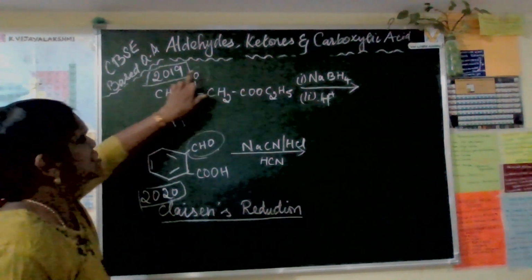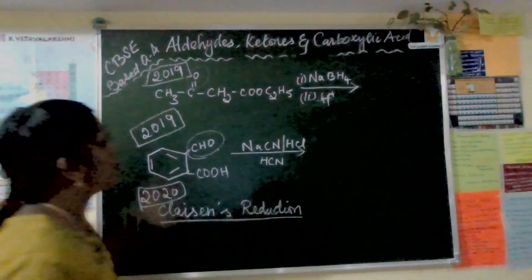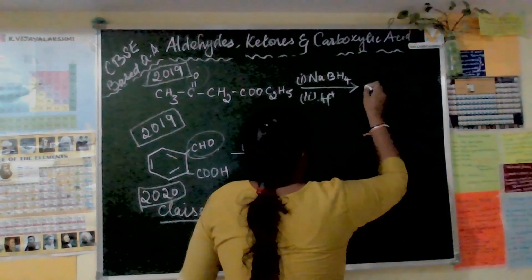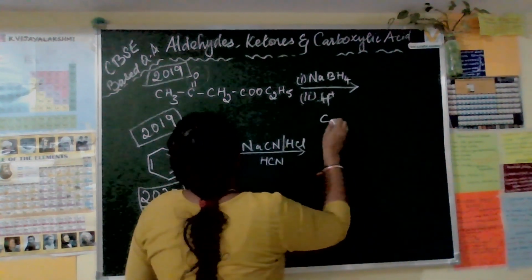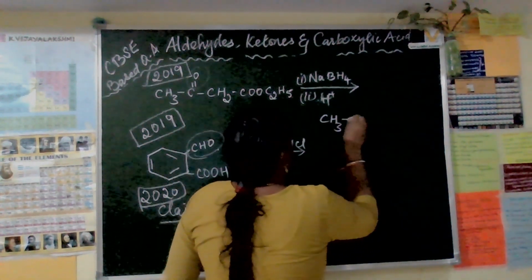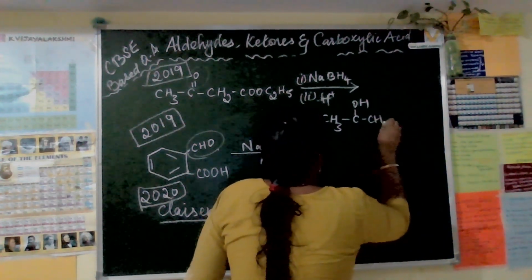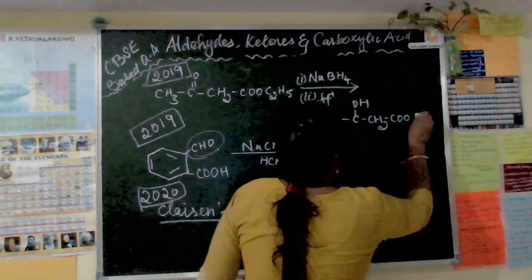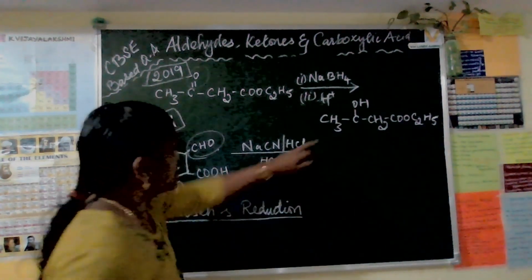The keto group is reduced. Here also there is a double bond O, so only one CO group will be affected. They are asking only the product: CH3, C, here OH, here CH2COOC2H5. So this is the product.